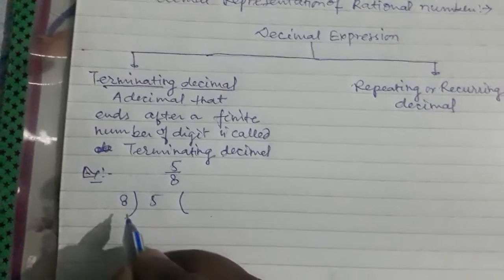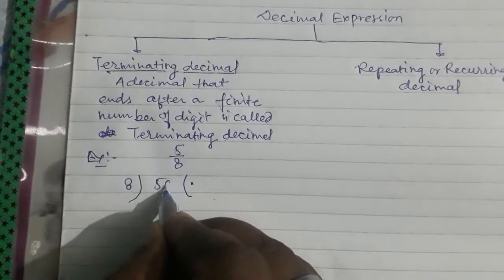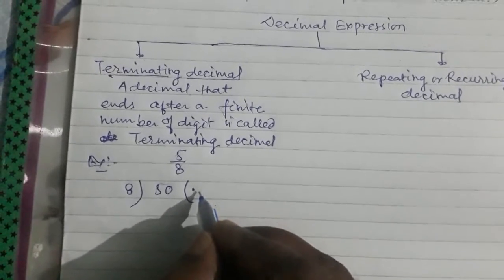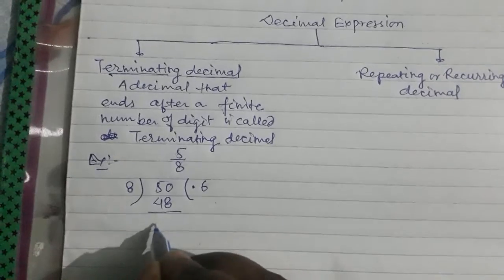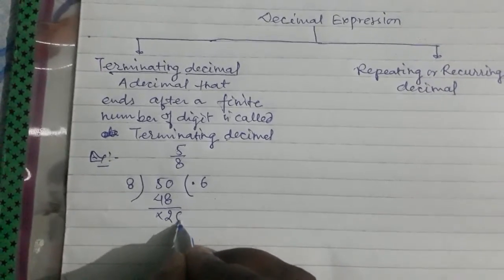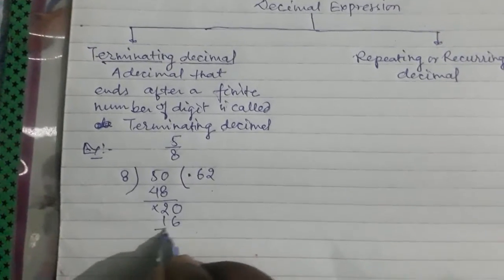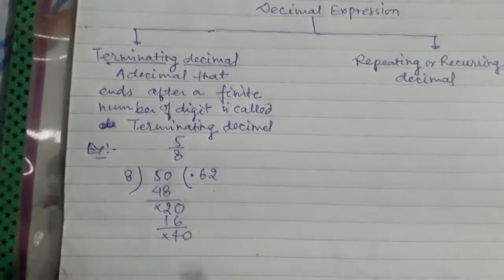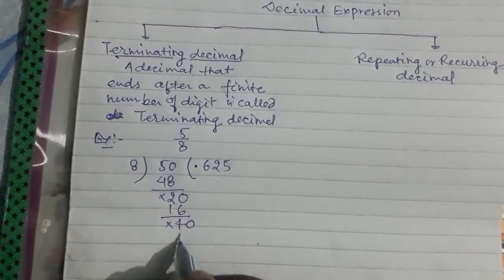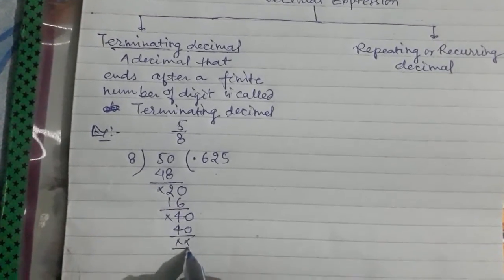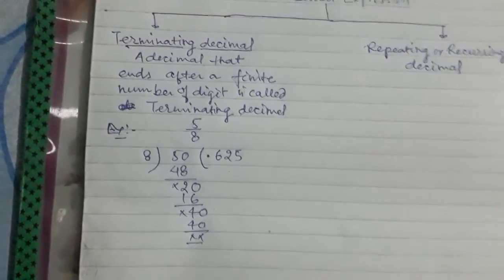It does not divide, so first we put the decimal and take 0. 8 6s are 48, remainder 2. Again we take 0, 8 2s are 16, remainder 4. Now we write 0, 8 5s are 40. Now here remainder is 0, so it is called terminating decimal.